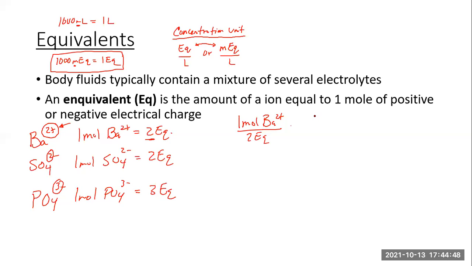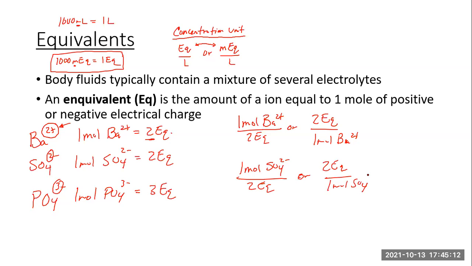Or we could use the opposite conversion factor, 2 equivalents in 1 mole of barium. Same idea with sulfate: 1 mole of sulfate gives us 2 equivalents, and 2 equivalents gives us 1 mole of sulfate. So again, we use this as a conversion factor.